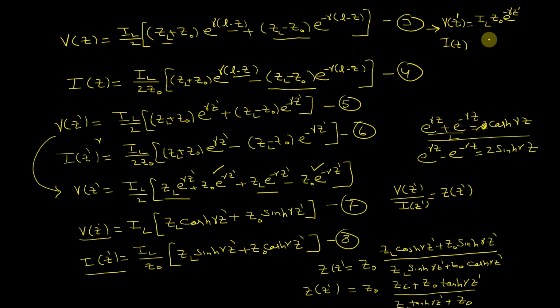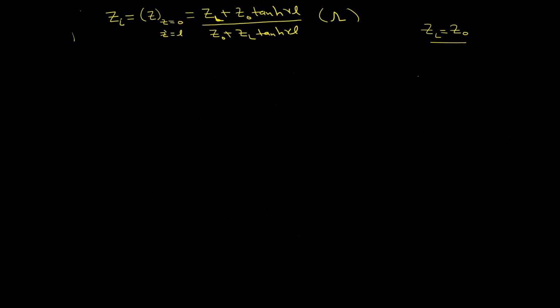So you will get here IL e raised power minus gamma z dash. So this is Iz dash. Let us rewrite it here. For that particular case, Iz and this z is equal to z naught.